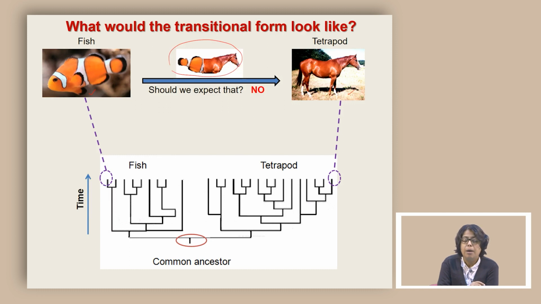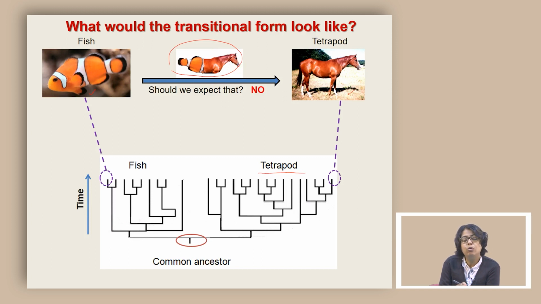Clearly not, because when we think about the different types of fish, they also evolved through time. When we think about tetrapods, they also evolved through time. So, just by looking at the most recent example of tetrapod and fish and combining them together would not give you the transitional form.